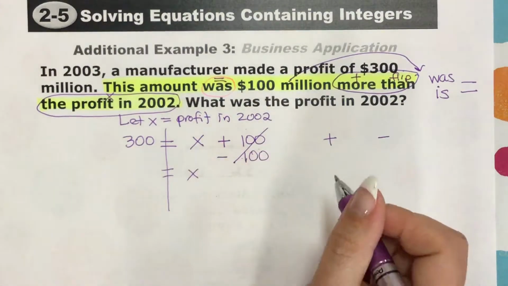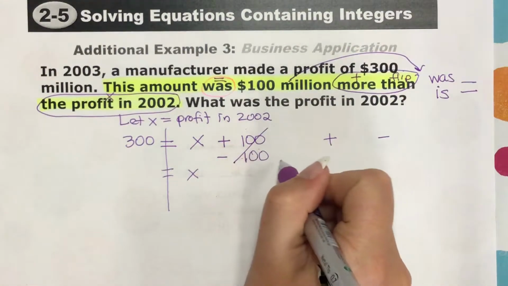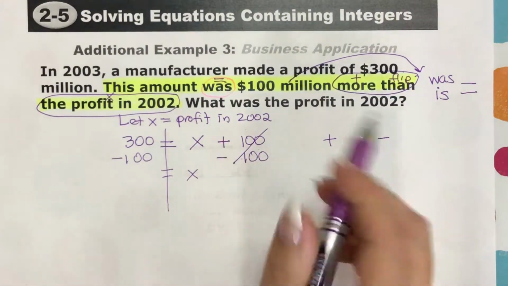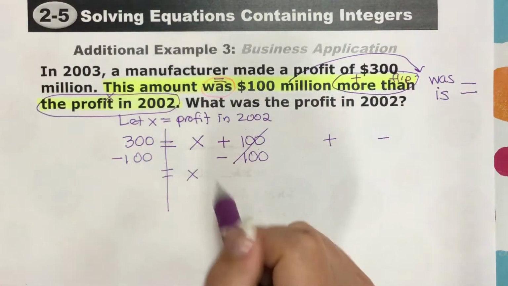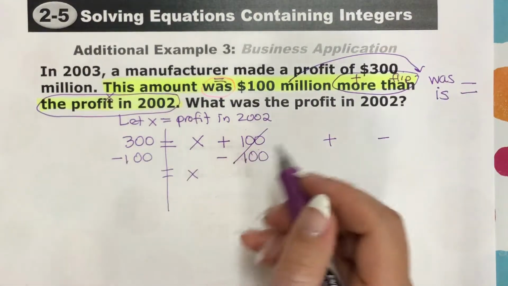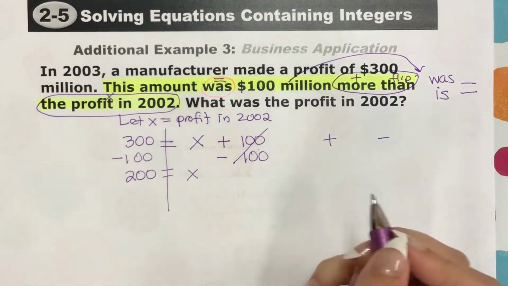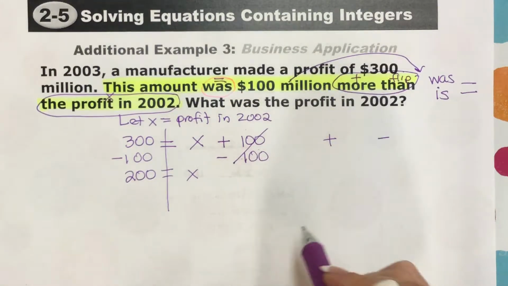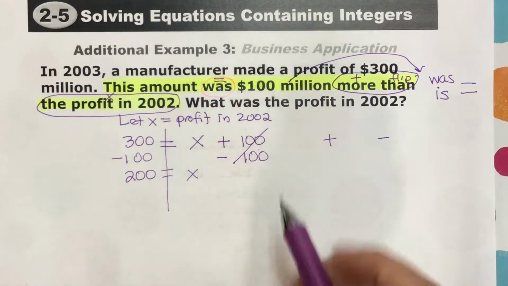We got x by itself. But whatever we do to this side of the equation, we have to do to the other side to keep things in balance. So we subtract 100 from this side too. We have 300 minus 100, which is 200. That means the amount of profit in 2002 was $200 million.